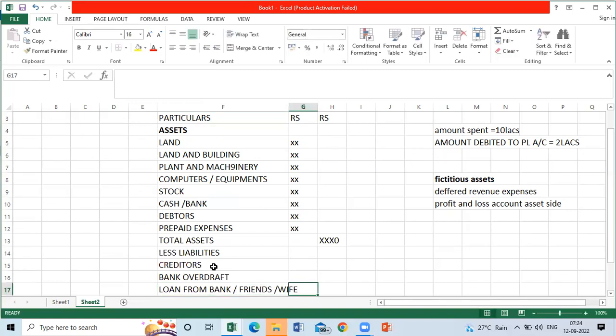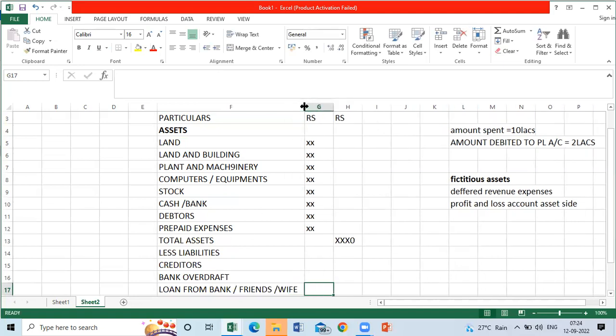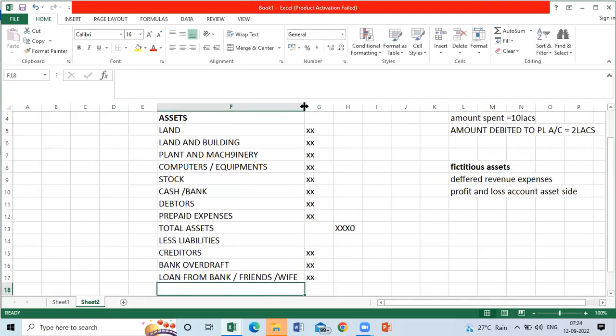I told you business के लिए relations doesn't matter. So I am taking a loan from my wife, it is an external liability. I am taking a loan from my friends, external liability. I am taking a loan from my daughter, external liability. Any kind of outstanding expenses, external liability.